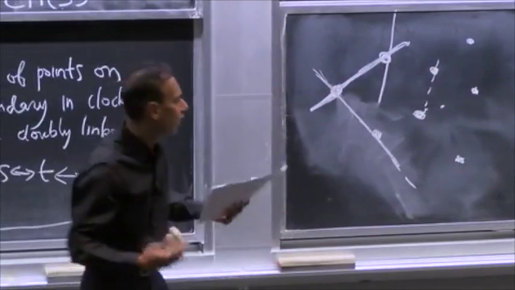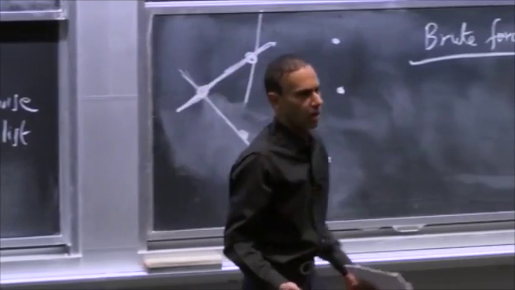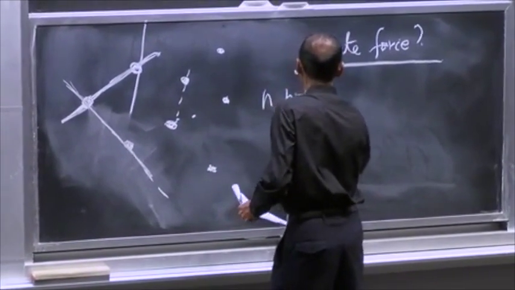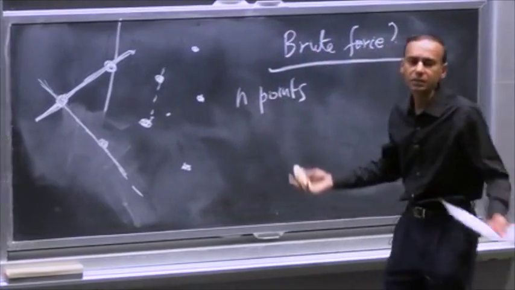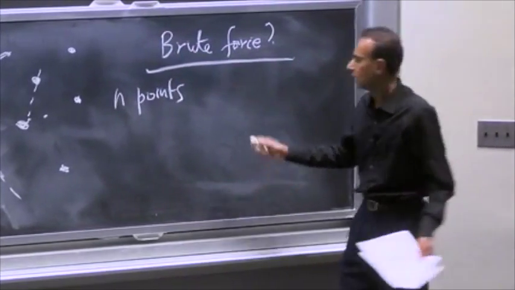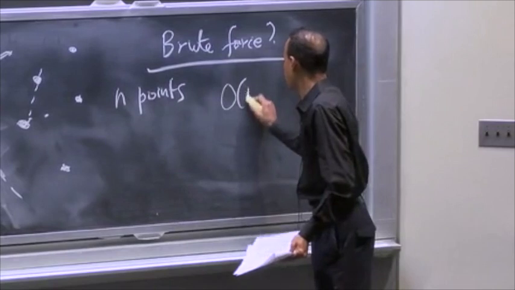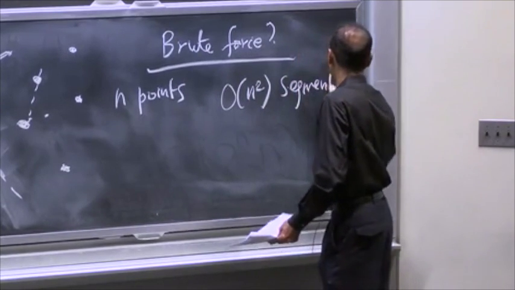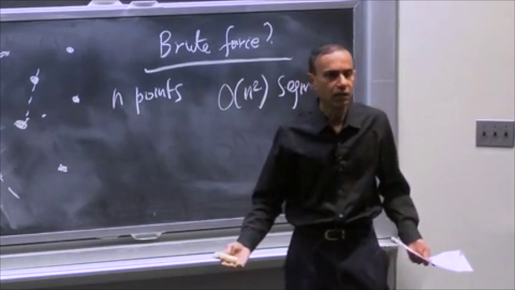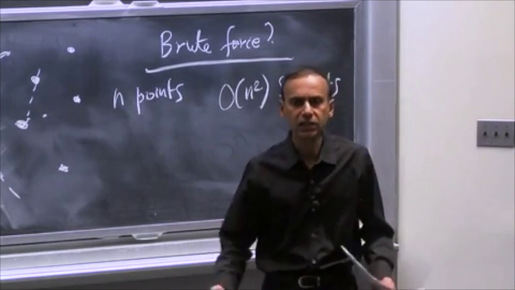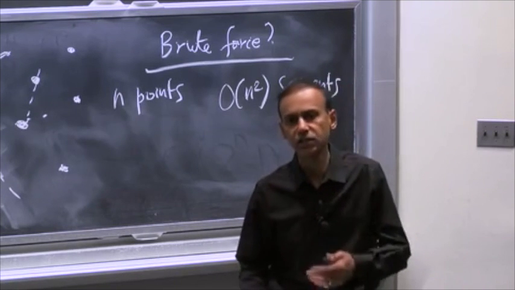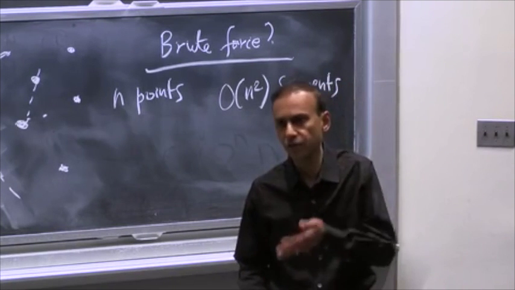Okay? So now let's talk about complexity. Let's say that there are n points here. And how many segments do I have? I have order n squared, theta n squared segments. And what is the complexity of the test that's associated with, once I've drawn the segments, deciding whether the segment is going to be a tangent, which is part of the convex hull or not?